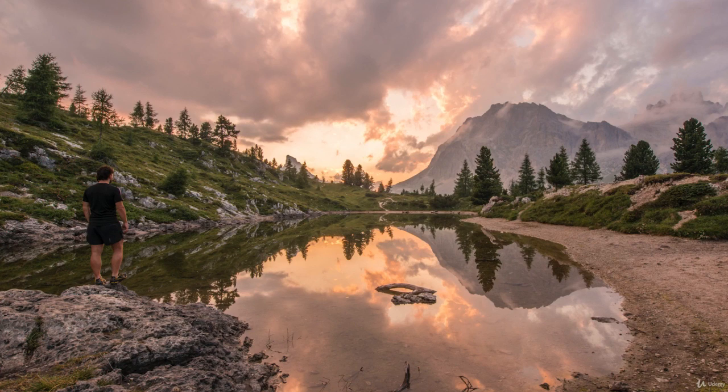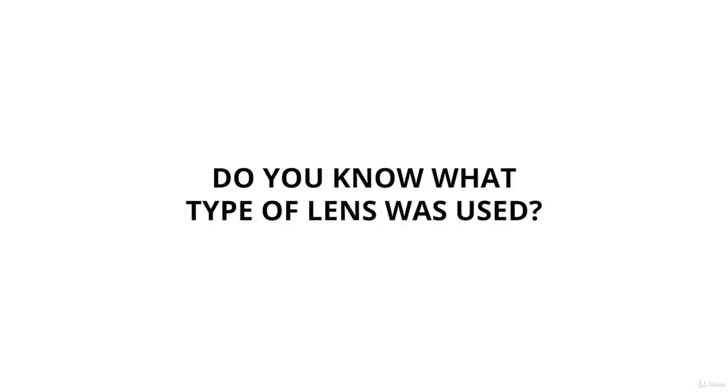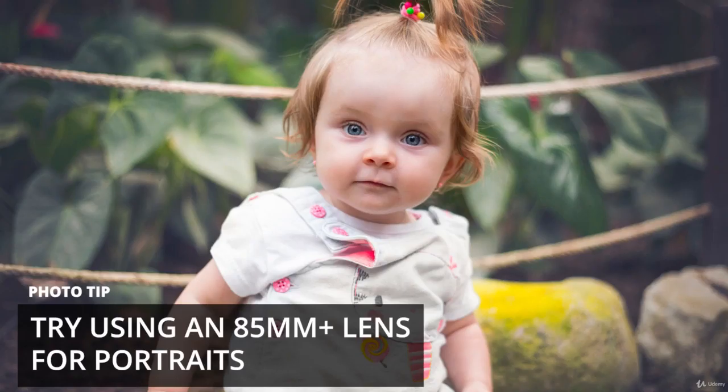Here, you can see everything is clearly in focus. The depth of field is huge. Can you tell the differences in the types of lenses? Typically, telephoto lenses achieve a shallower depth of field much easier, whereas wide-angle lenses will have more in focus or larger depth of field. This is the reason that people love 85mm or above lenses for portraits, because the backgrounds have this beautiful look to them.